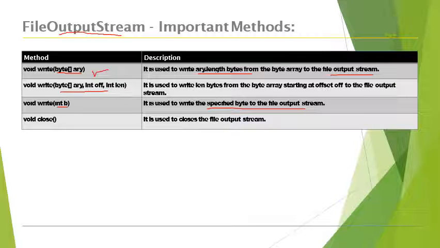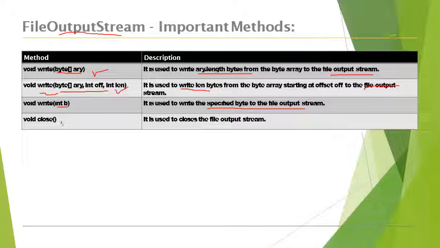And in this method, we give the offset value and the length, and that many bytes can be written into the file output stream.